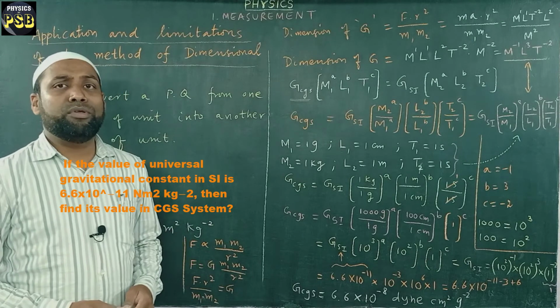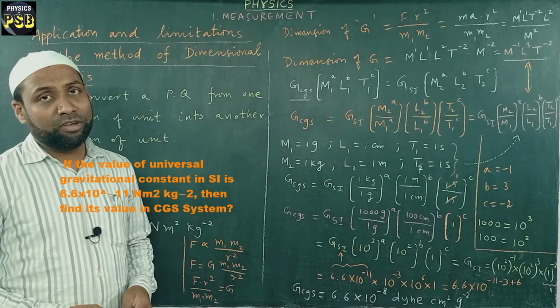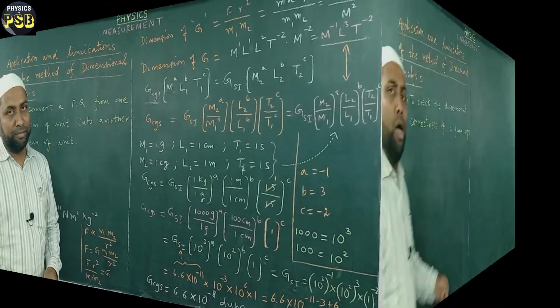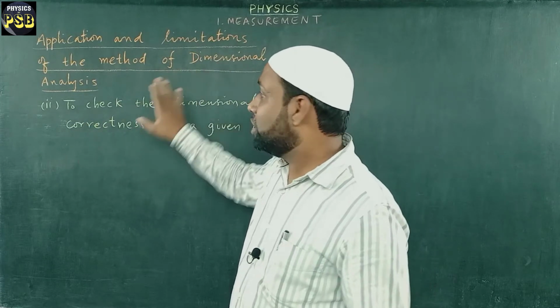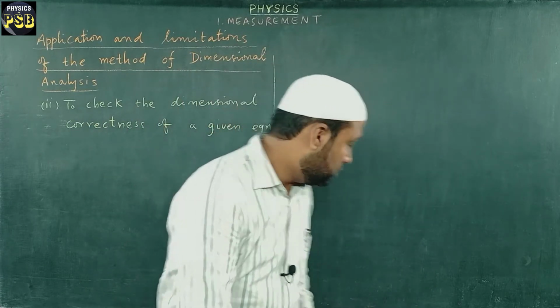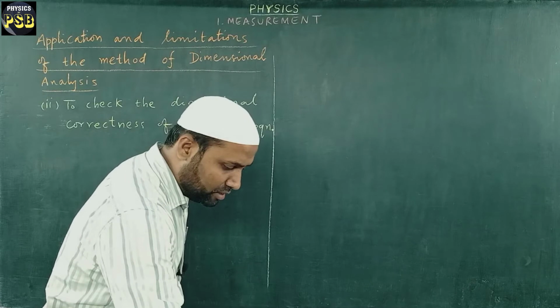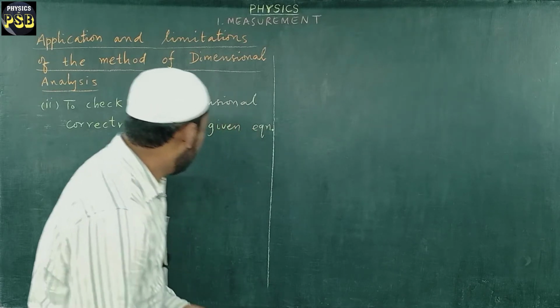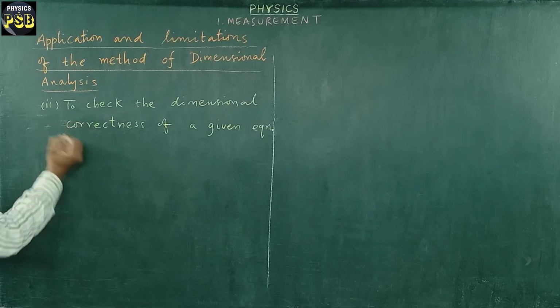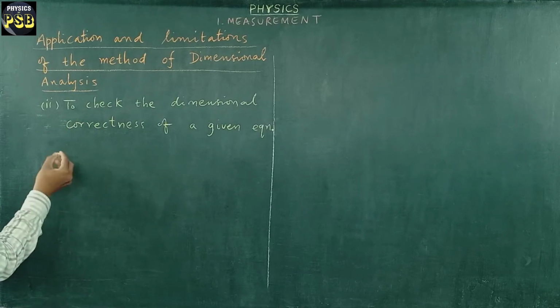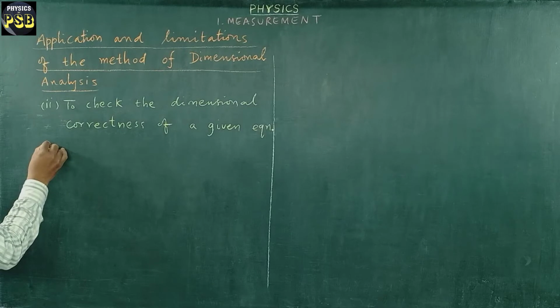Now we'll go to another application of this method. Now we'll discuss the second application of the method of dimensional analysis. Let's do that. For that, I will take the first equation of motion. What is the first equation of motion?